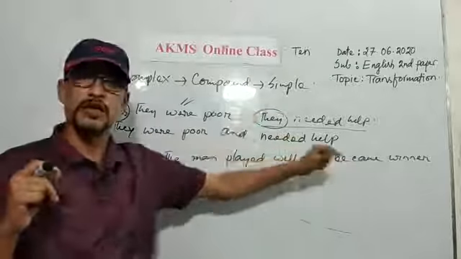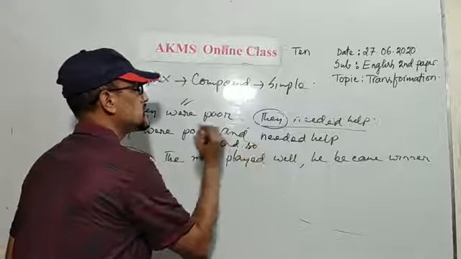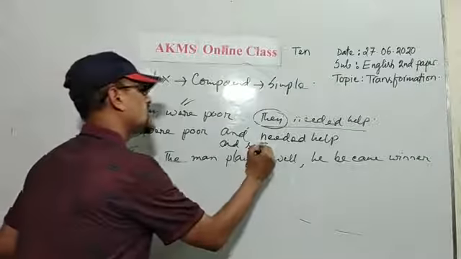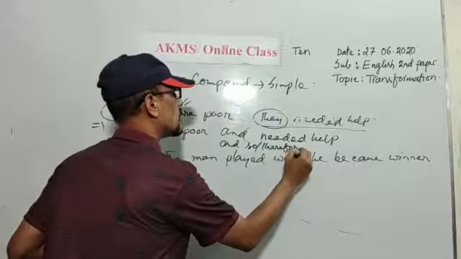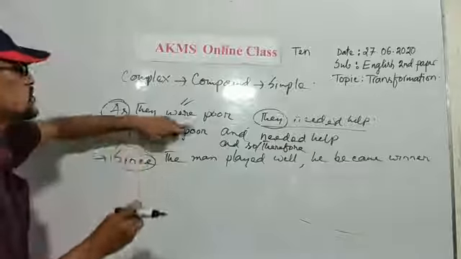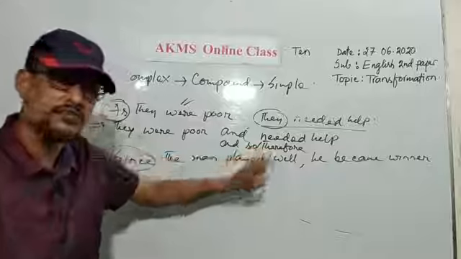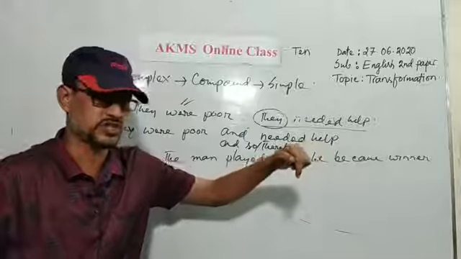And if the subjects are the same, then you need not use the subject for the second time after and. But you can say, sir, I will use the subject again. Then what will you do? Then they were poor and you need to use so, and so, or and therefore. If you use and so or and therefore, you must use the subject.